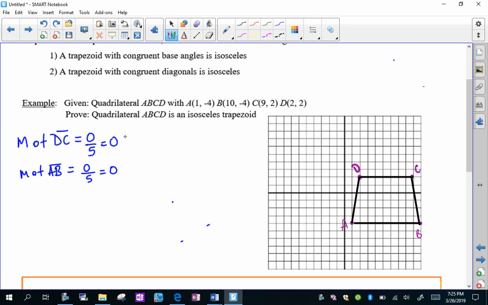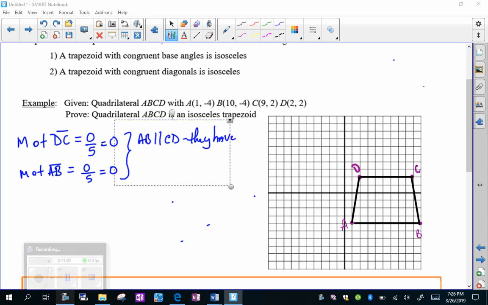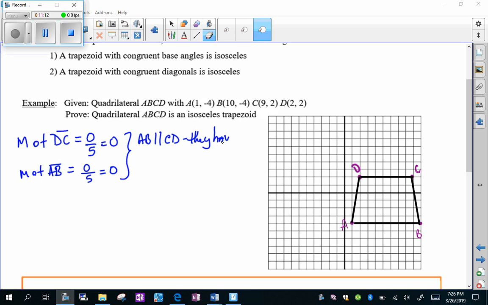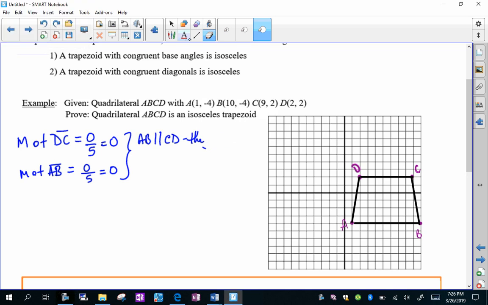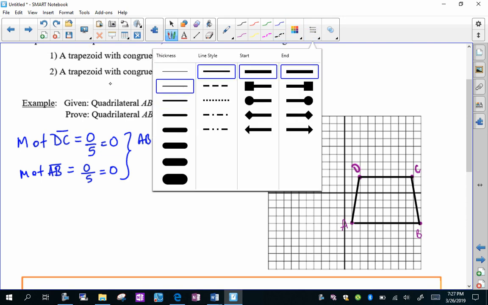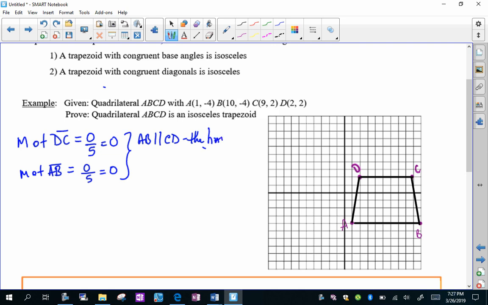So what I can say from here is that AB is parallel to CD, and the reason is they have the same slope. Okay, they have the same slope.